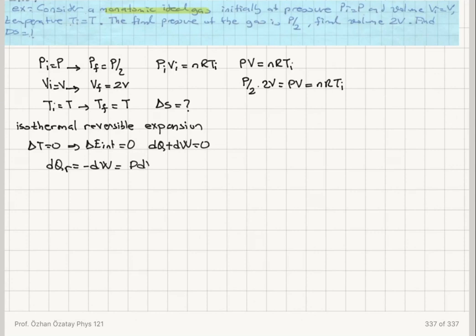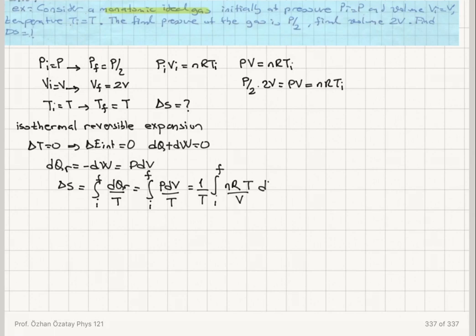It is p dV. So the entropy change in the process, delta S, from initial to final, is dq reversible over T, from initial state to final state, p dV over T. The temperature is constant, so 1 over T, initial to final, nRT over V dV. The T's cancel.